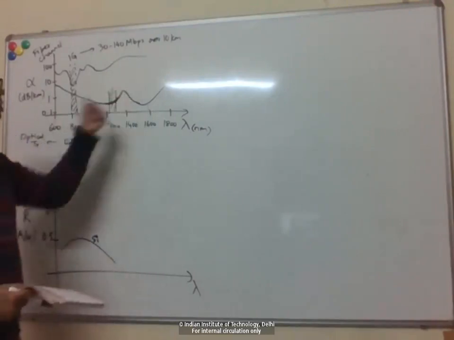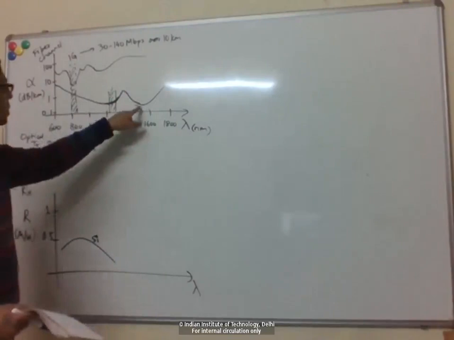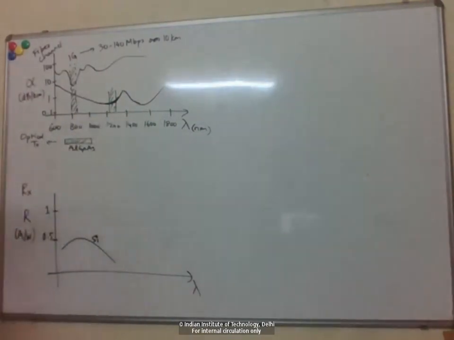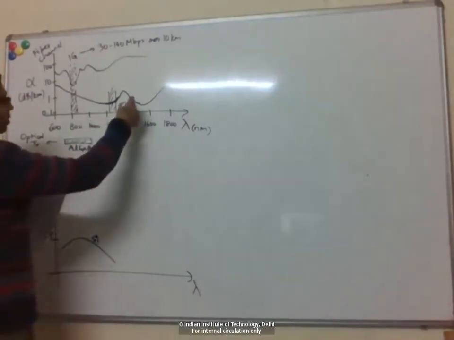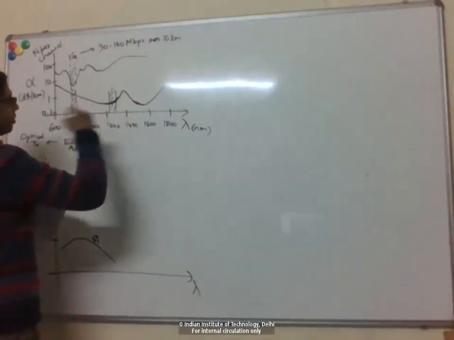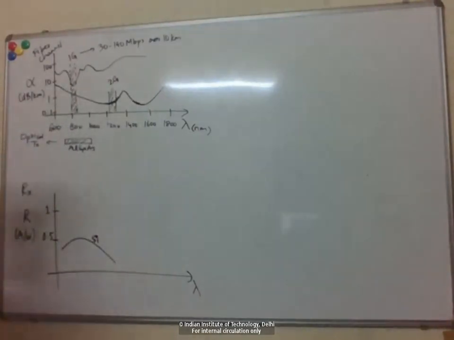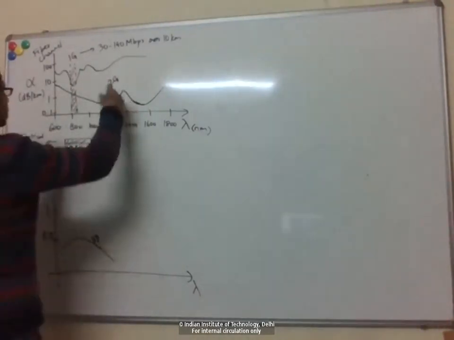There were two minimums, one around 1300 and the other around 1500, 1550. Modern networks use this band of wavelengths, and the second generation used the 1300 range of wavelengths.